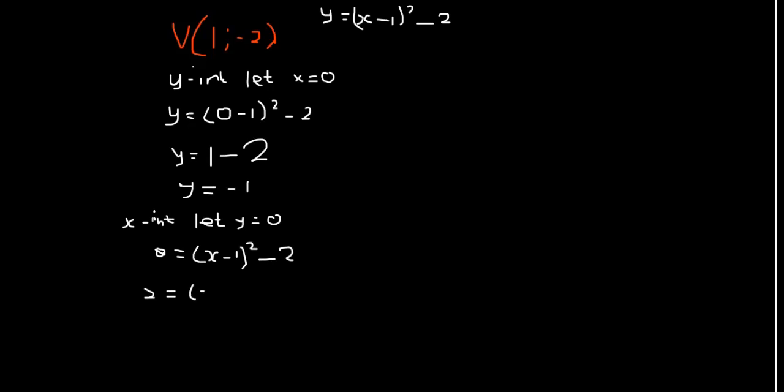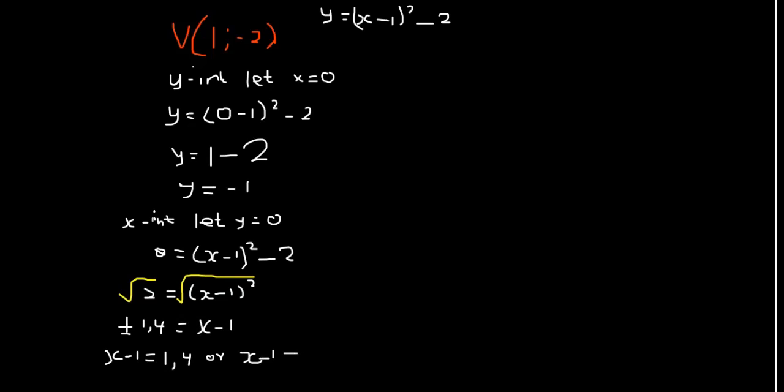Open the bracket, x minus 1 all squared, square root on both sides, plus or minus 1.4 here. The square root of 2 is plus or minus 1.4. Here it will remain as x minus 1. x minus 1 will be equal to 1.4, or we can also say that x minus 1 will be equal to negative 1.4.